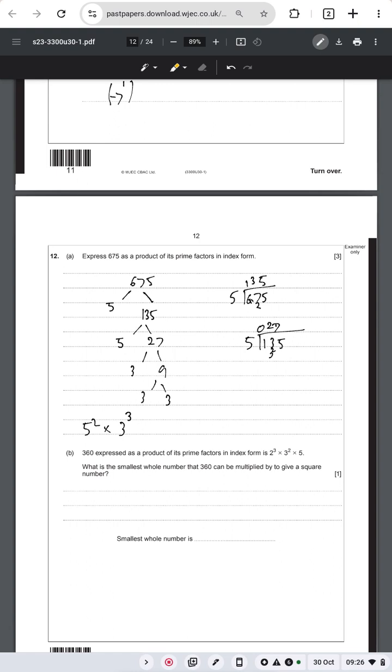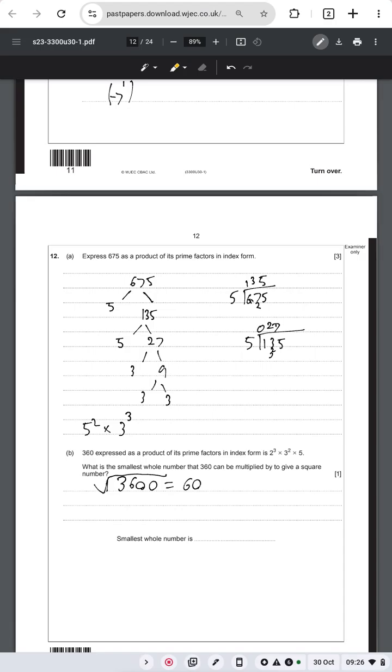However, 60 times 60 is 3,600, because we can just do 6 times 6 and then add the 2 zeros on. So that's the number we need to multiply this up to. 3,600 is square rooted to give 60.